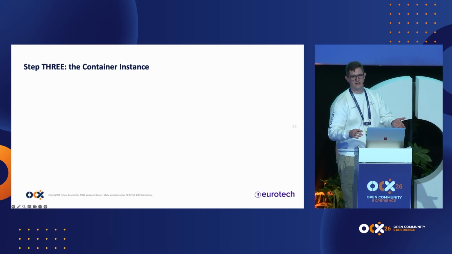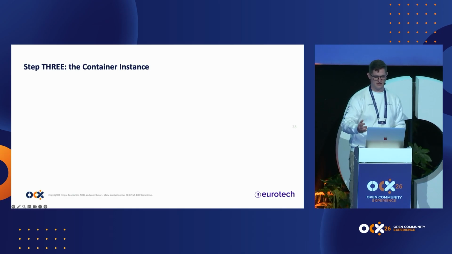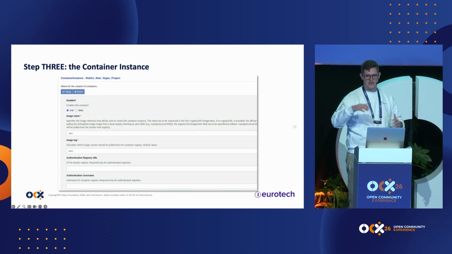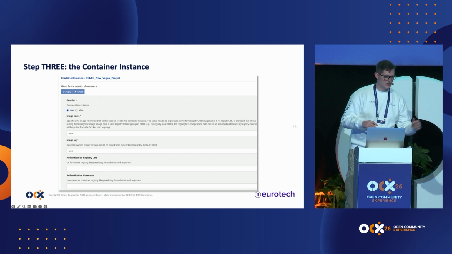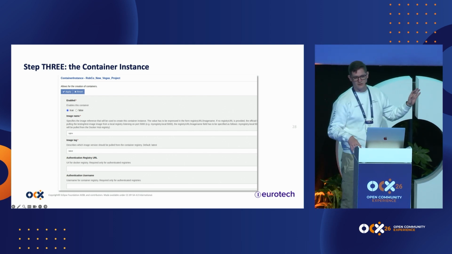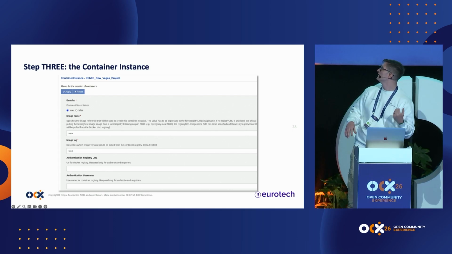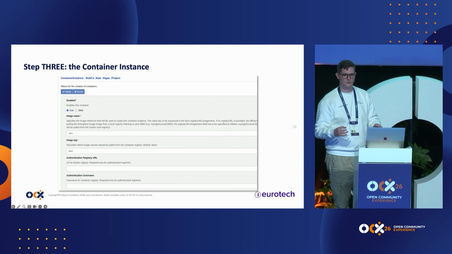But we say, okay, we are monitoring the Docker command line interface, but Kura lets you add another layer, which is the container instance, which is the abstraction that we made in Kura for containers. This is a piece of the configuration that you may add, but starting from the image name and the image tag, you can start configuring whatever properties you want of the Docker container.